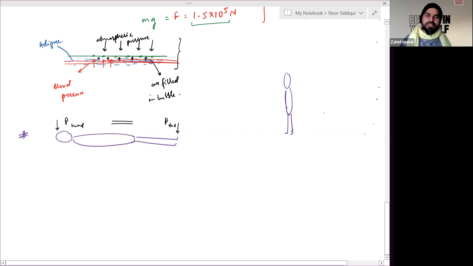These two pressures must be equal to each other. But in standing position, at this point and this point, there will be pressure only from outside on our head. That will be atmospheric pressure. But on our toe, there will be pressure due to two different segments. Just 1 minute.